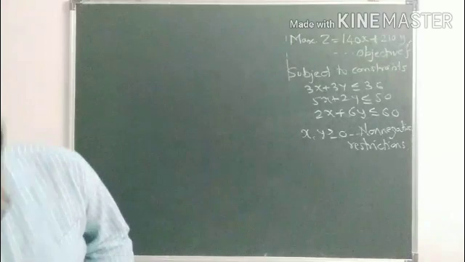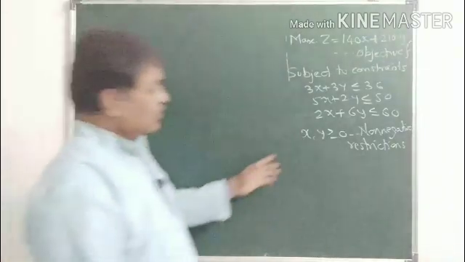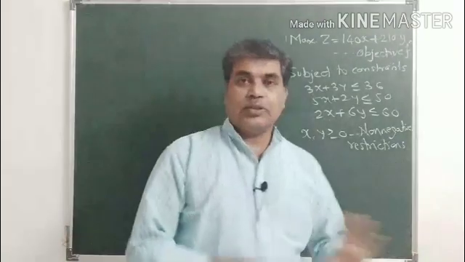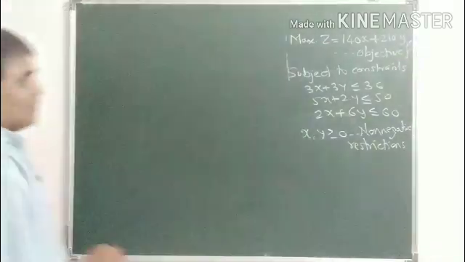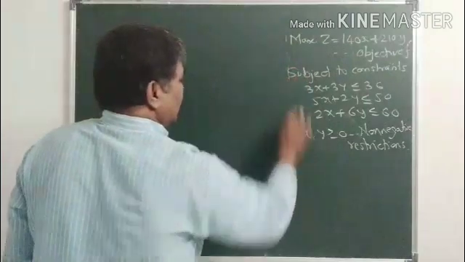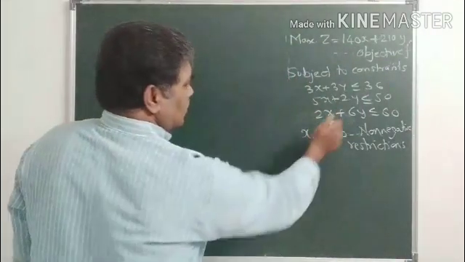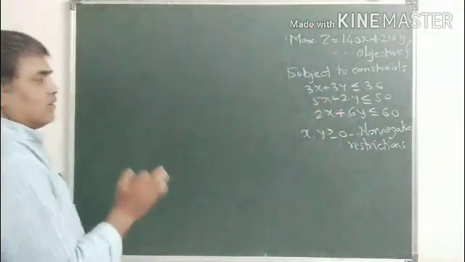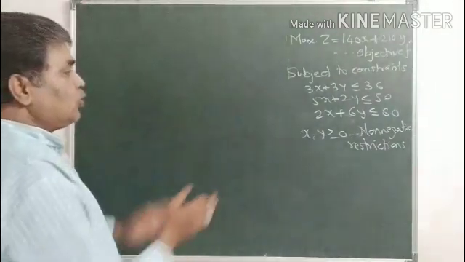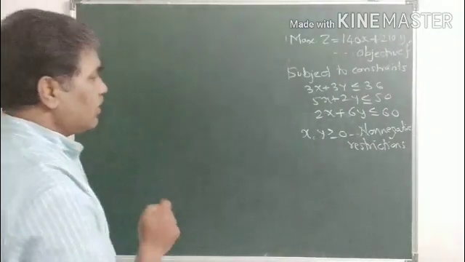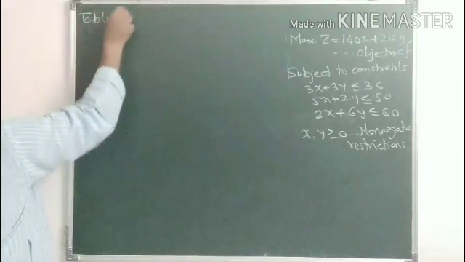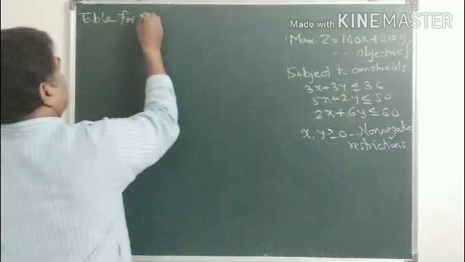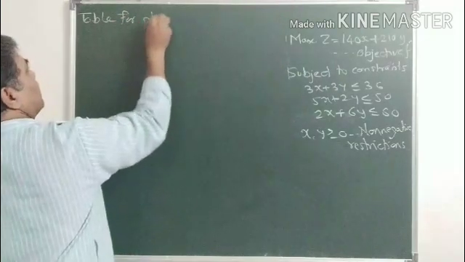I am just using a 3 by 4 feet board here, so it is difficult to keep every piece of information on the board for you. Sorry for that. So what is our aim? We have to plot these inequalities, and for that we have to use the corresponding equations of lines. So, a table for plotting the graph.